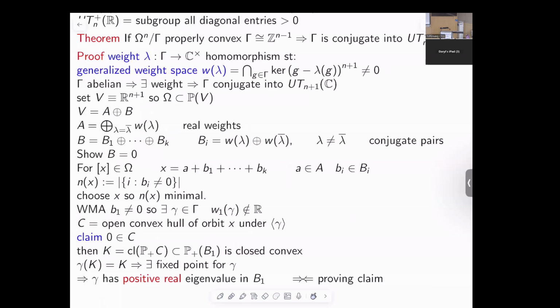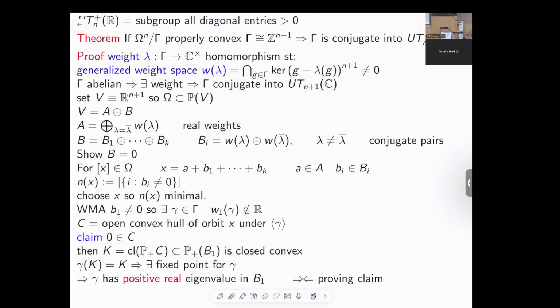And so how do you do that? Well, you take some vector where the number of I's for which BI is non-zero is as small as possible. And we can reorder so that we can assume that B1 is not zero. Now, the fact that this weight isn't real means there's some element in the group whose weight corresponding to this non-real weight isn't a real number.